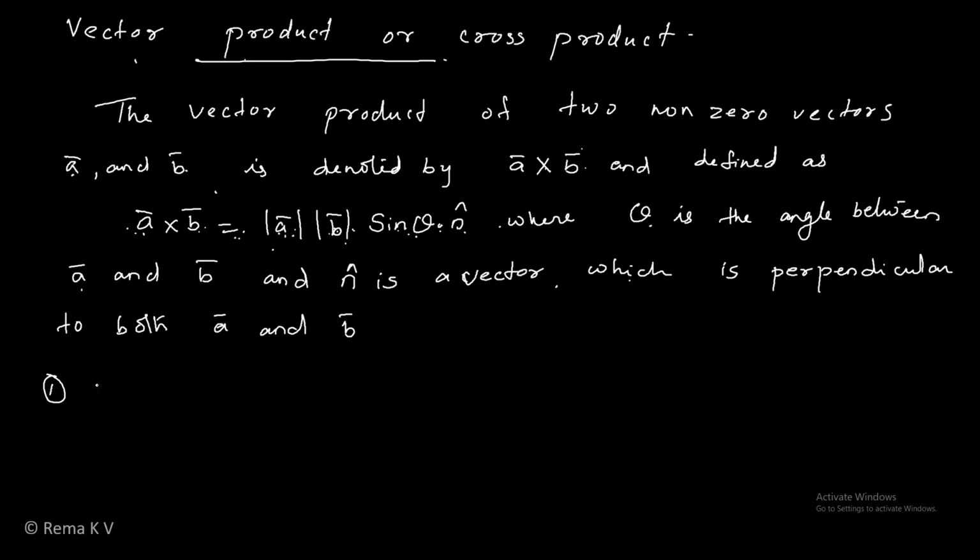So we can write some results. A cross B is a vector, whereas A dot B is a scalar.